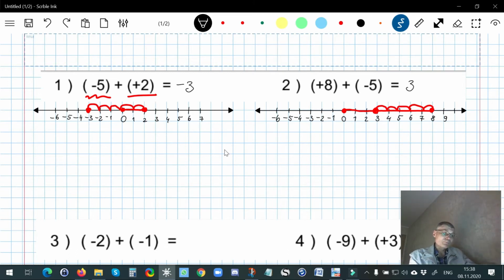So the first step: the absolute value of negative 5 is 5. The absolute value of positive 2 is 2. And 5 is greater than 2. Then the sign is negative.